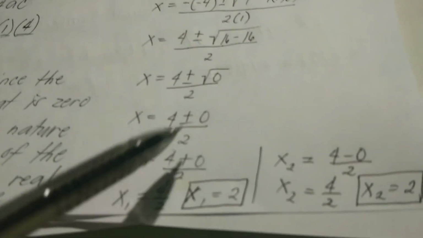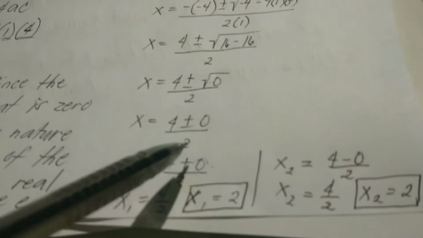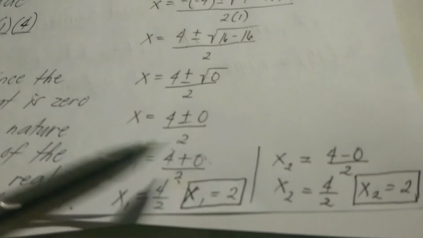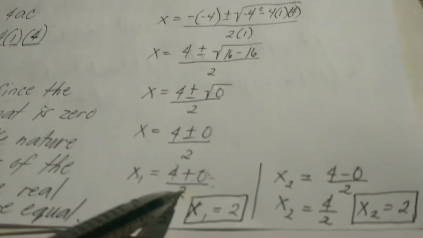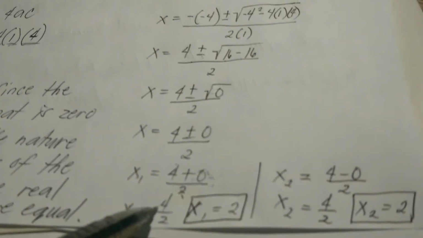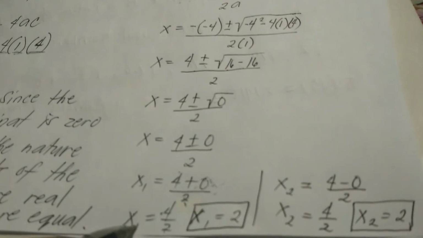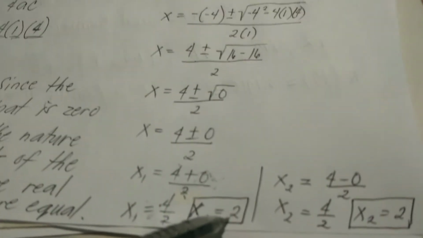Divided by 2. X of 1 is equal to 4 plus 0 divided by 2. Plus and minus po yun, kaya paghihiwalayin na po natin. So, we have 4 plus 0 is 4, divided by 2. Then, x of 1 is equal to 4 divided by 2 is positive 2.